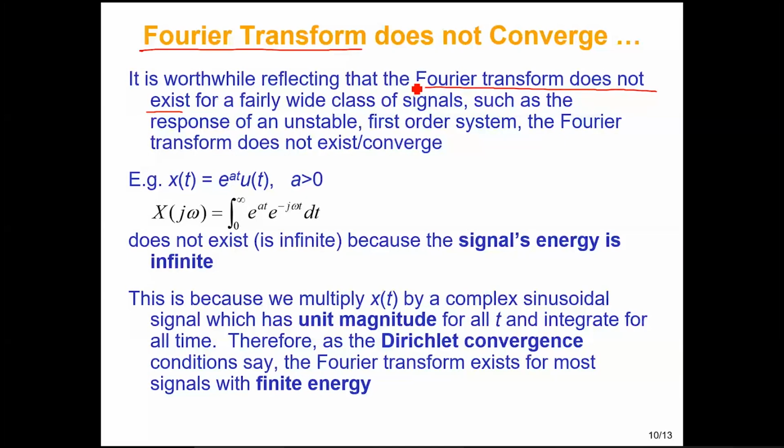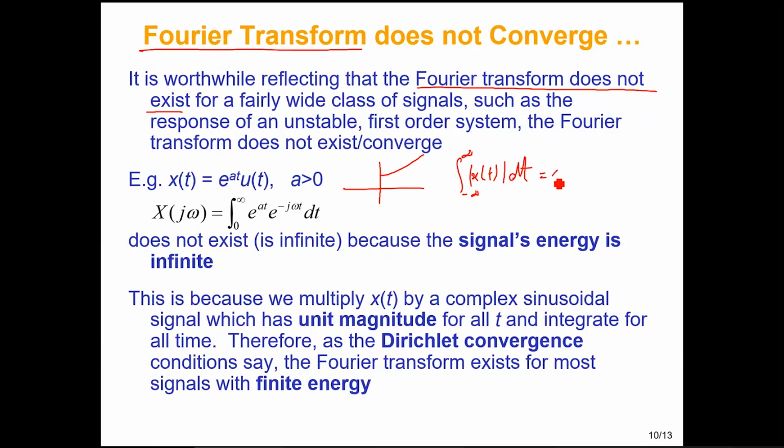The Fourier transform does not exist. One example of this is e raised to the power at u of t for a greater than 0. This would be a diverging signal like this. Now, because this is diverging, the function itself will not be absolutely integrable.